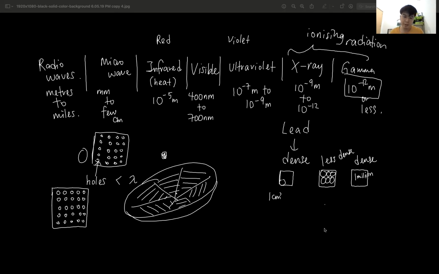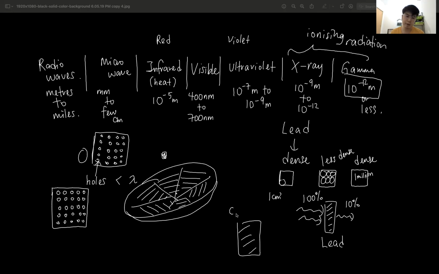Still there are, you take the lead, gamma ray comes here, still there are about 10%. If you have 100% coming, 90% is blocked, and still 10% can pass through. Sometimes they use lead, or you can use concrete, but the concrete has to be very thick. In the nuclear power plant, they use concrete as the shield.